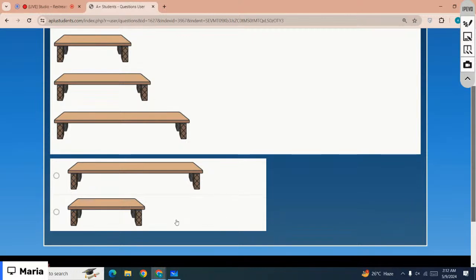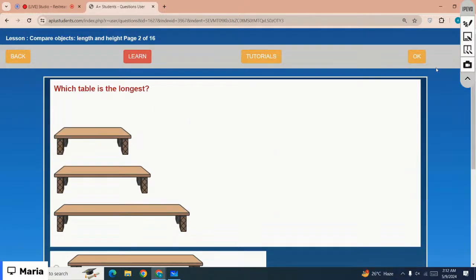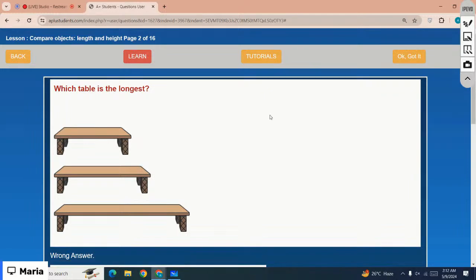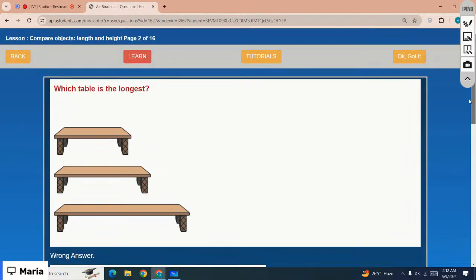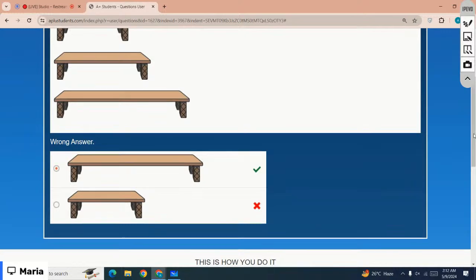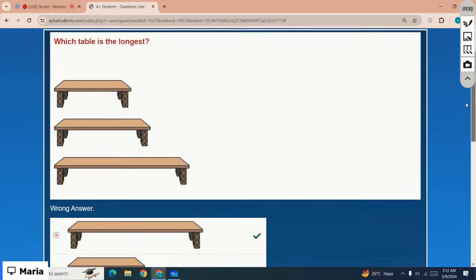Here are the options. The second one is the shortest. I'm not looking here, just look at the options, right? So the second one is the shortest. This way the answers are so confusing, answer one or two. Oh, the longest one you have to see. Yes, the first one. Sorry, I thought the shortest one.